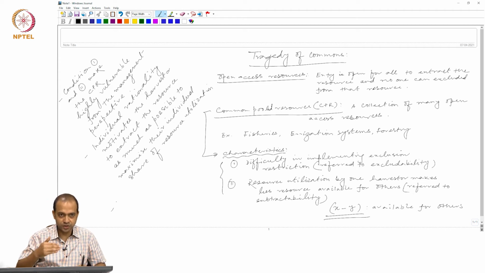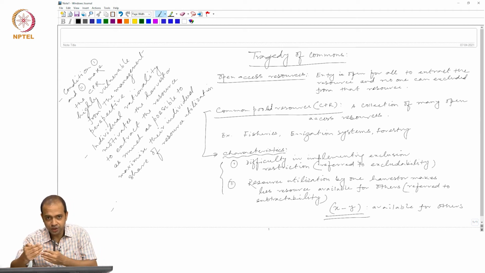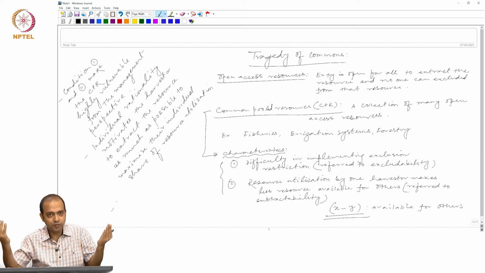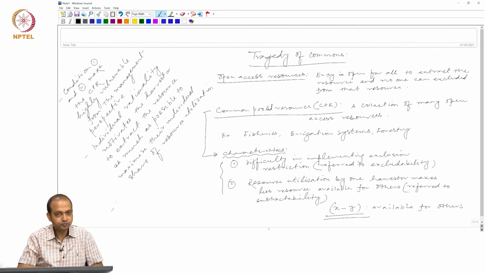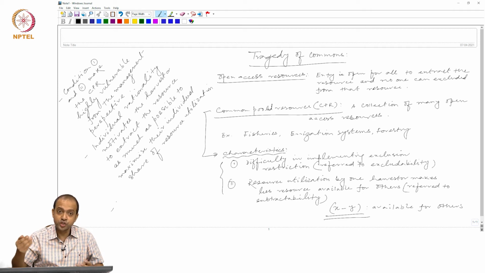All the individuals try to maximize their own utility or their own profit in a market, and collectively that maximizes social welfare also, that we have proved. But here is a case when individual rationality of maximizing their own share of resource utilization leads to a situation which is collectively bad, and that situation is called tragedy of commons.